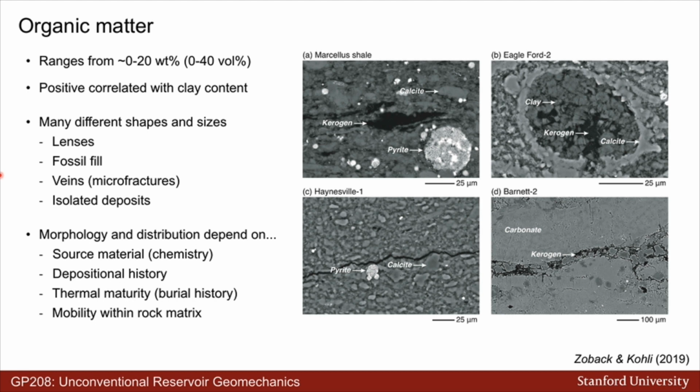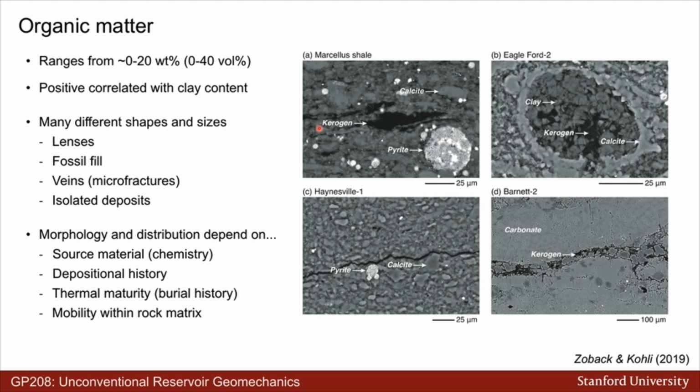One thing we can see if we investigate rocks using a scanning electron microscope, and these are 4 images taken from different shales, where bedding is horizontal in each of the images, is that organic matter presents itself in various different morphologies.